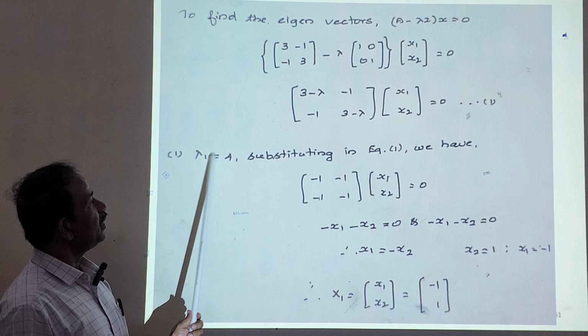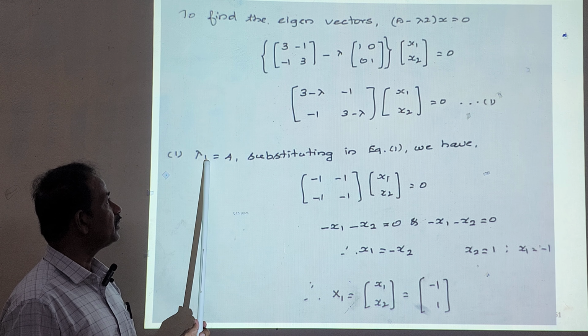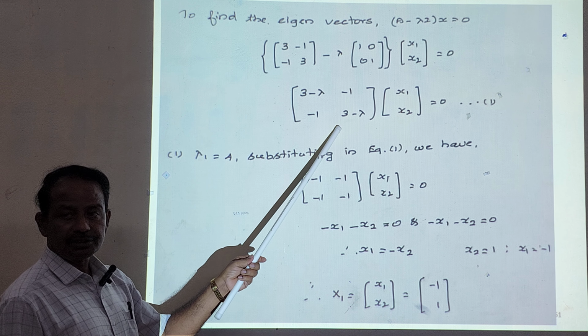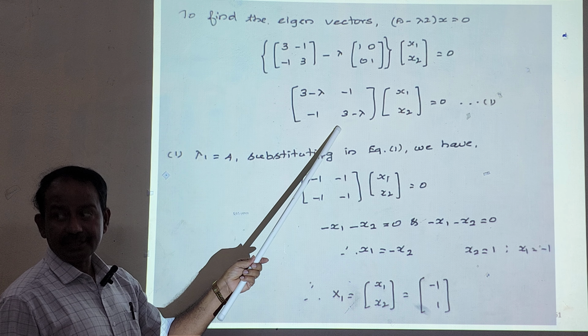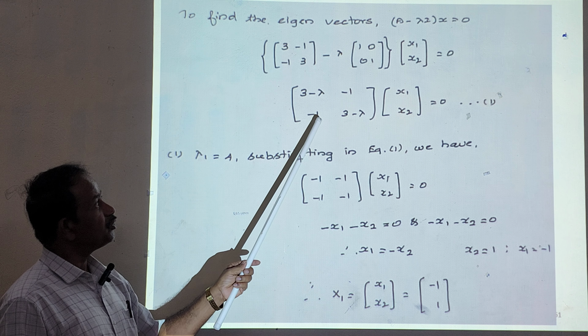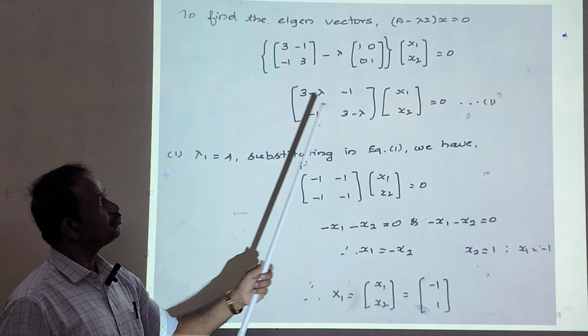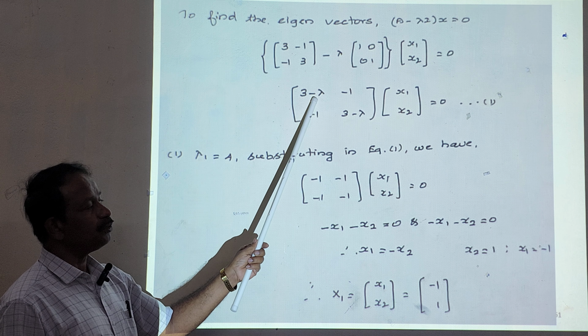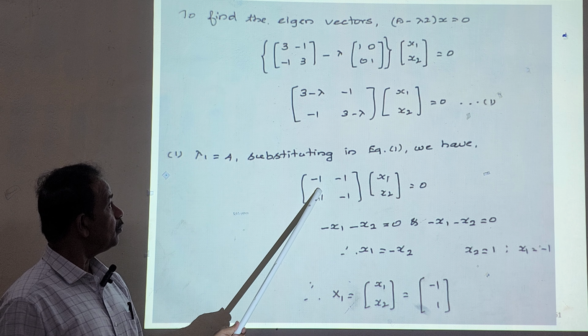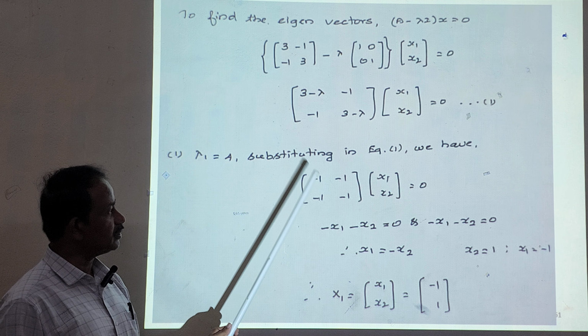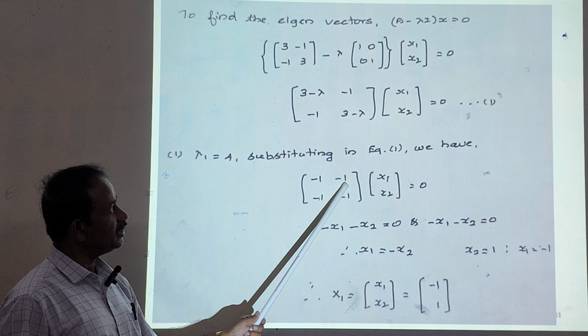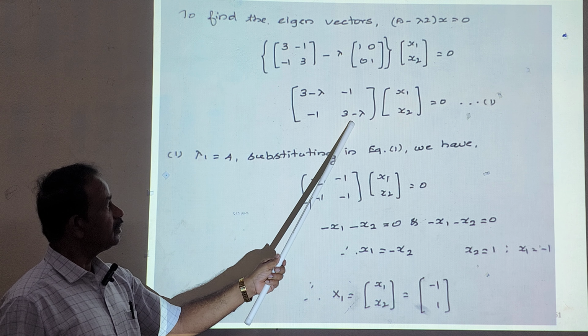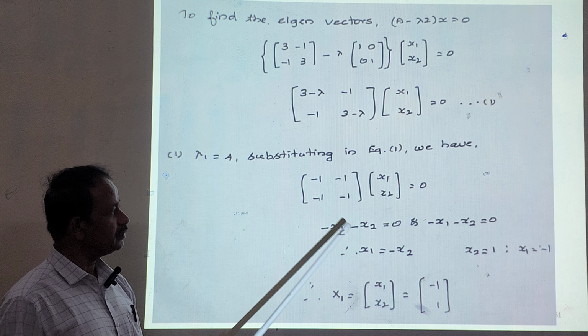So first we will go for the first eigenvalue, lambda 1 equal to 4. So this is your (A minus lambda I) x equal to 0, that formula. You substitute lambda 4, you will have 3 minus 4 which is equal to minus 1. So minus 1, minus 1 let it be, and 3 minus 4, that will be minus 1.